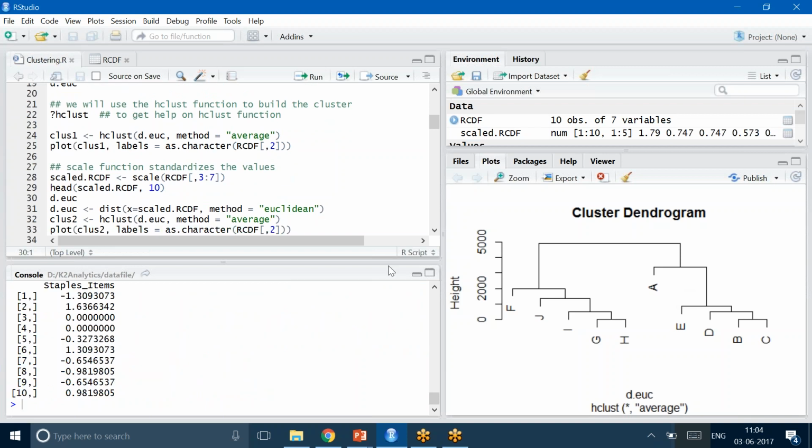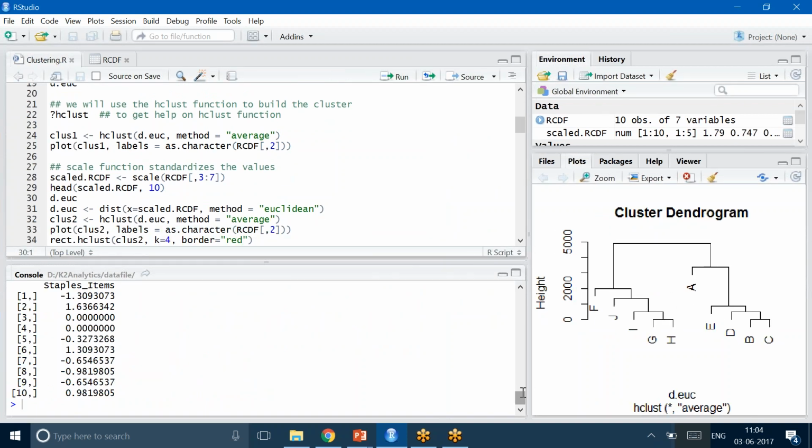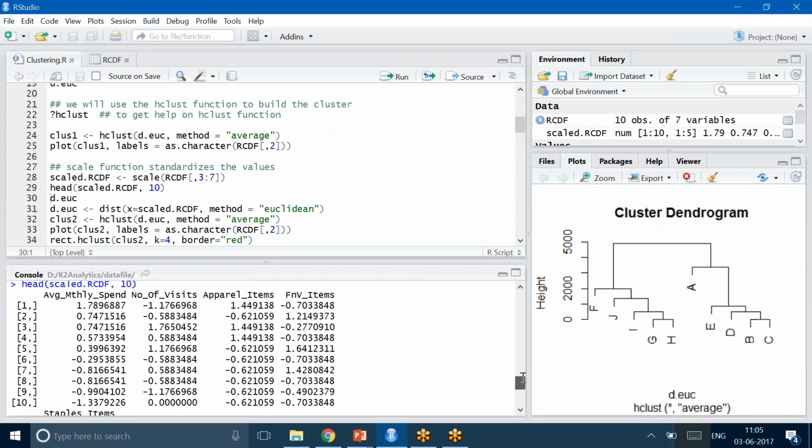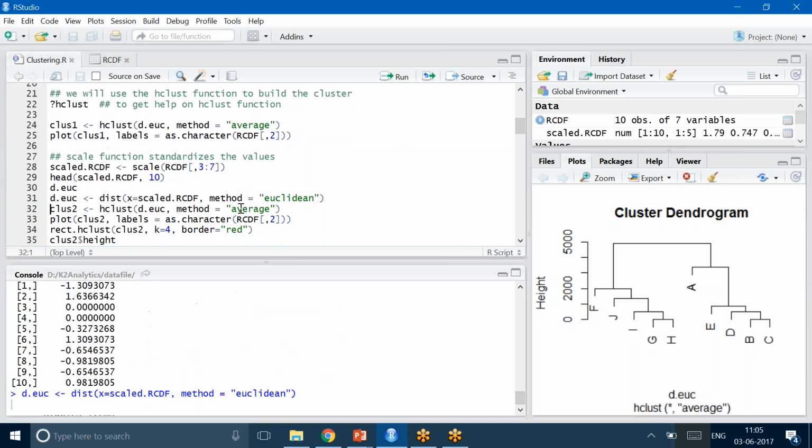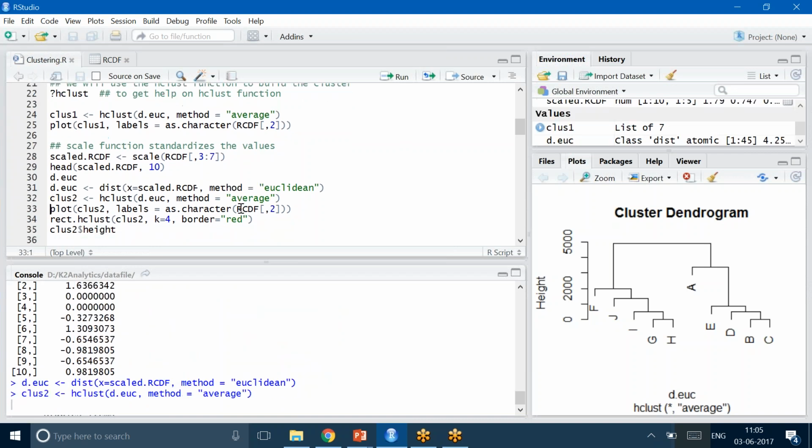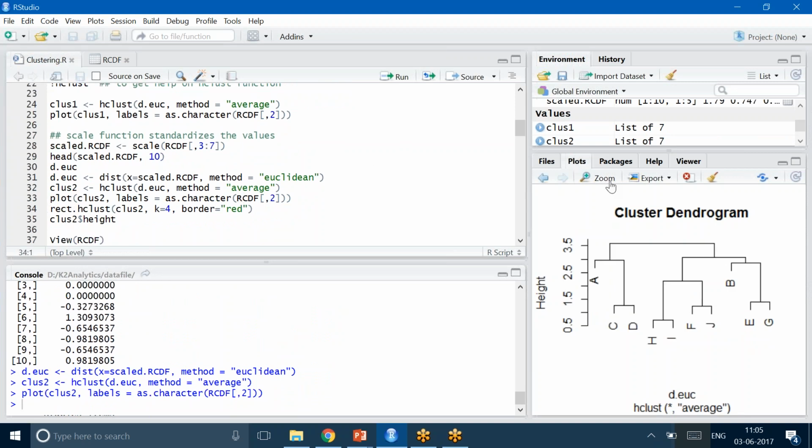This is how the numbers will look. These are standardized numbers. So you see, all the thousands have become some fractions. Okay. Now I'm going to compute a distance and then run my clustering and do the plot.